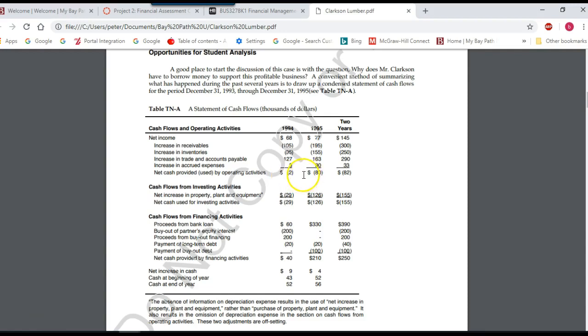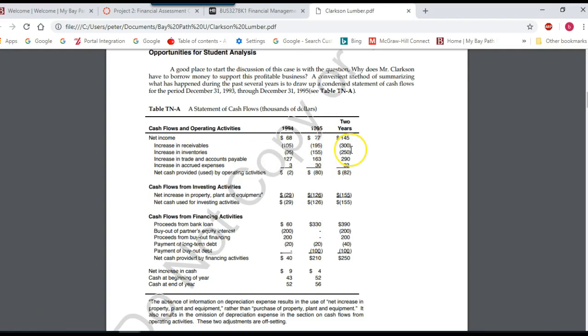Notice that every year it's been negative, and for 2 years it's a negative 82,000. We have good net income, positive net income, but notice receivables have been increasing. They've been increasing, which means it's using up working capital. We're not collecting our receivables as fast as we should.